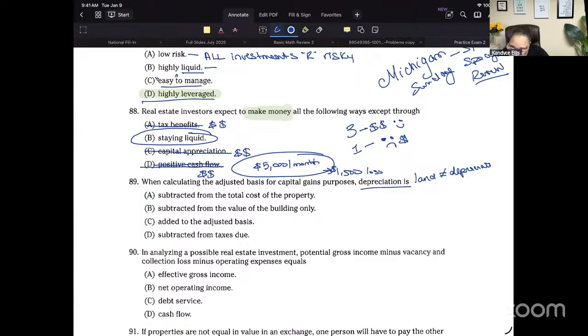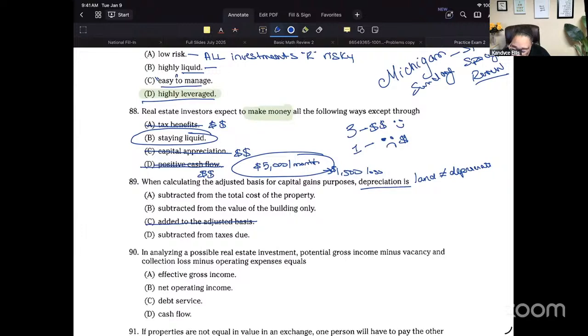So maybe added to the adjusted basis. Well, no, it's not added to the adjusted basis. We're not saying, oh, it depreciated, so you should give me more money. And subtracted from the taxes due. Well, you're right, Merle. You do have to subtract.